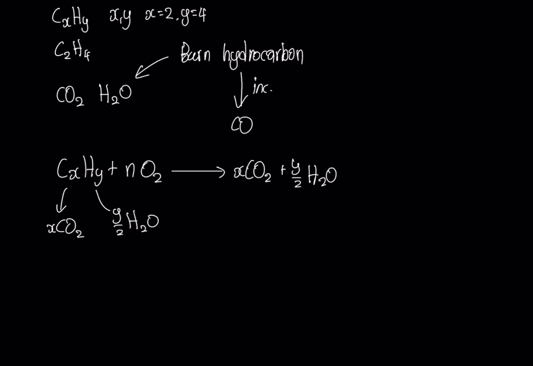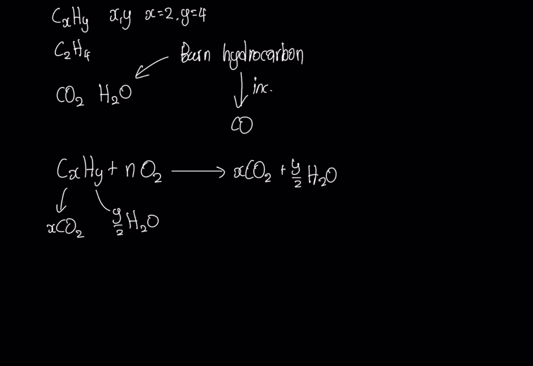So I don't know what n is, but I know that in complete combustion, no matter what, as long as this combustion process is complete, I will get this out. That's just the definition. The hydrogens get turned into water, and the carbons get turned into carbon dioxide. All of them, no exceptions.